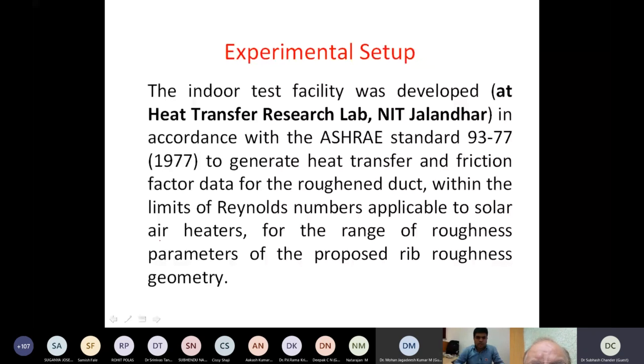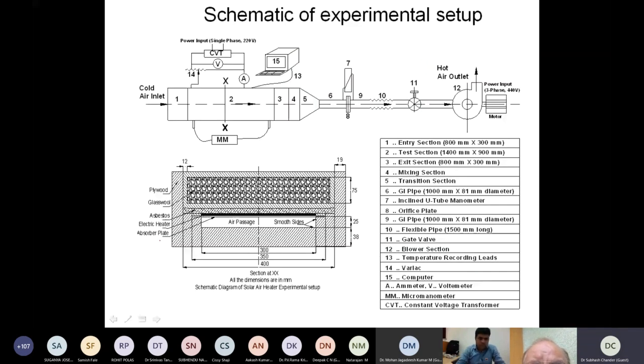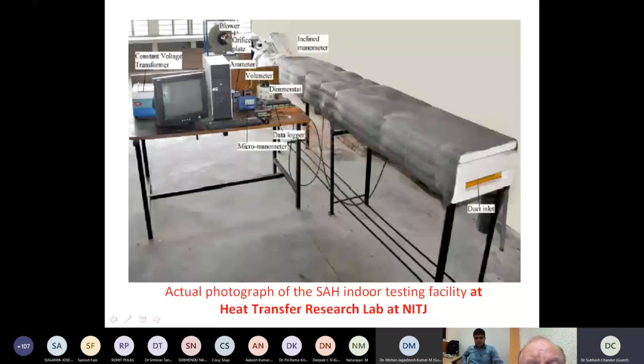This setup is now available in dismantled form in our lab, but earlier students used to make use of it for investigating different types of experimental simulations of solar air heaters. So this was the solar air heater facility when it was in working condition.